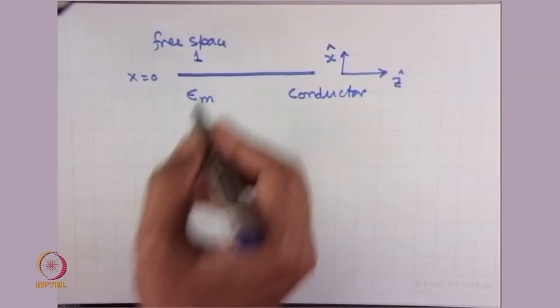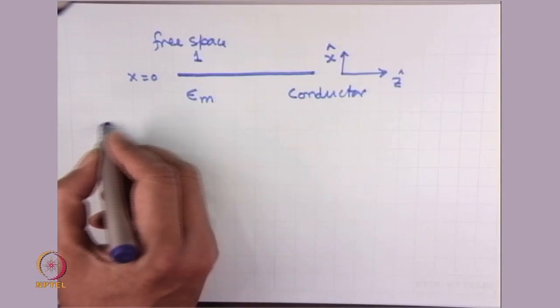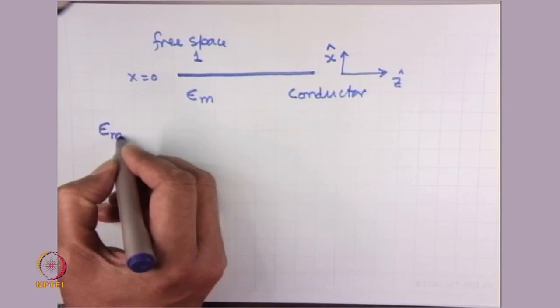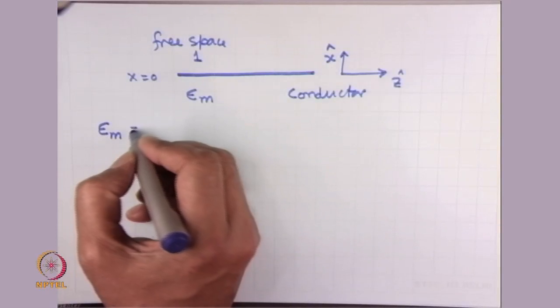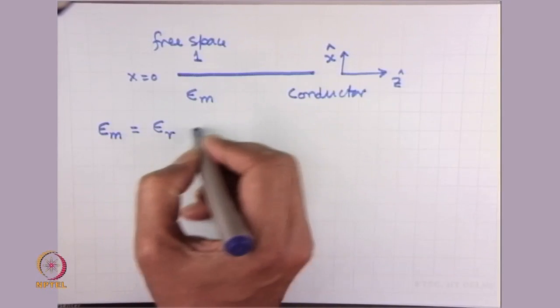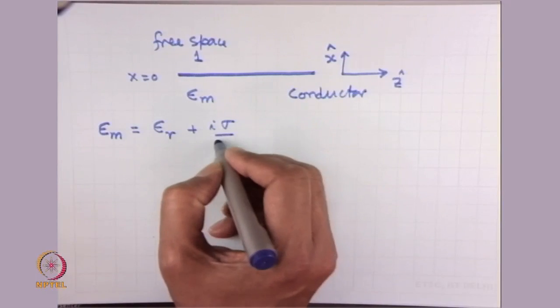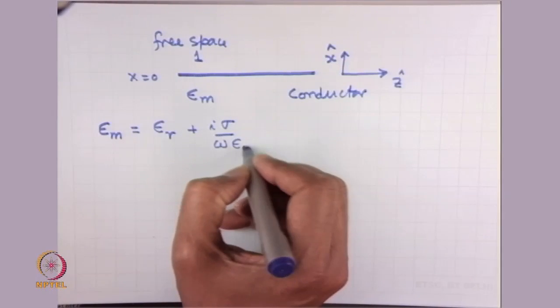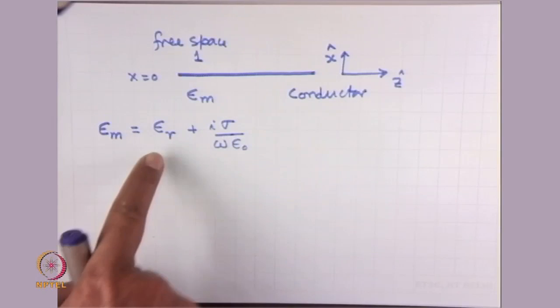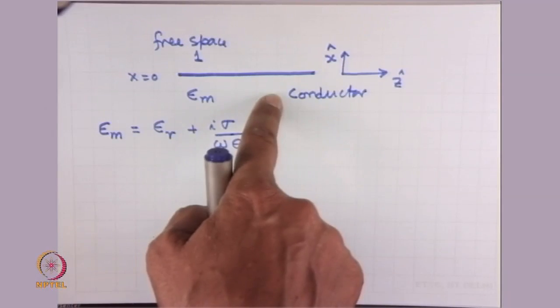If I am talking of propagation of a wave of frequency omega, then the conductor's effective permittivity is epsilon r plus i sigma upon omega epsilon 0, where epsilon r is called the relative permittivity of the material of the conductor.